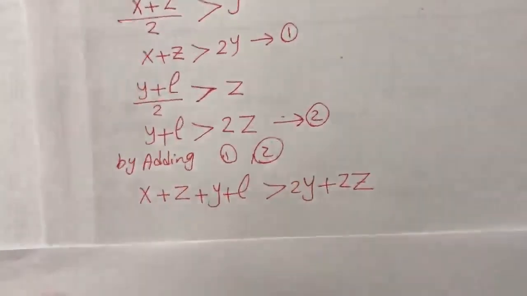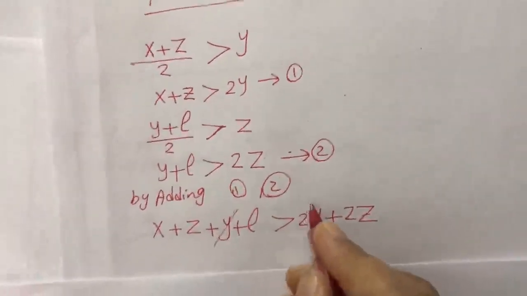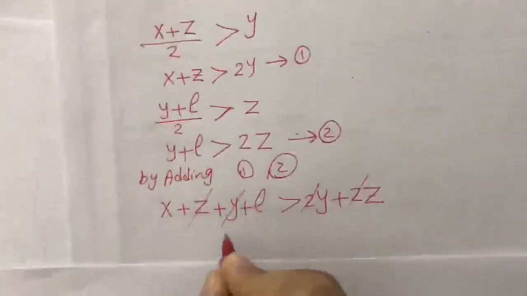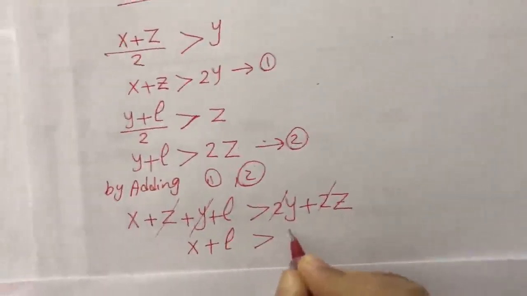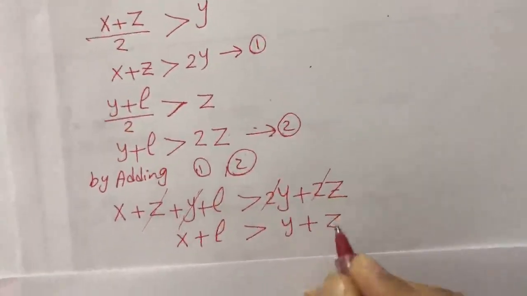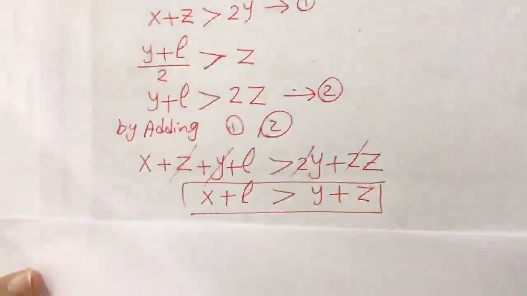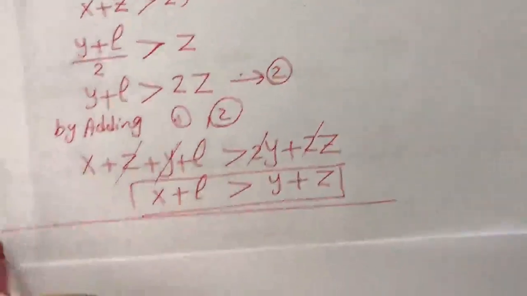Okay? If I cancel 1y from here and 1y from here, 1z from here and 1z from here, so x plus l bigger than y plus z. And this is the relation he wanted by using this note. So this note is very important.